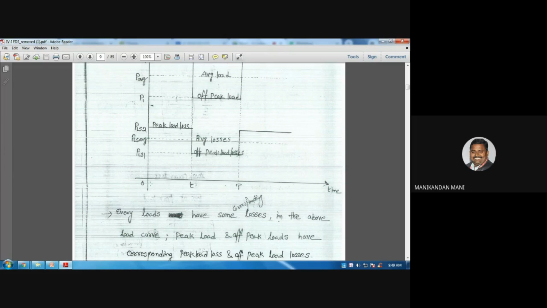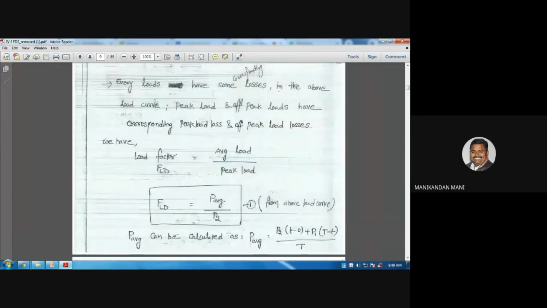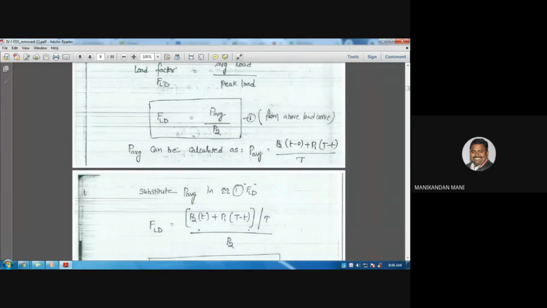So P2 into small t minus 0, plus P1, where the initial time is small t and the maximum time is capital T, so P1 into capital T minus small t, divided by the total capital T. So that is called P average. P average load is equal to P2 into small t minus 0 plus P1 into capital T minus small t, divided by capital T, right?